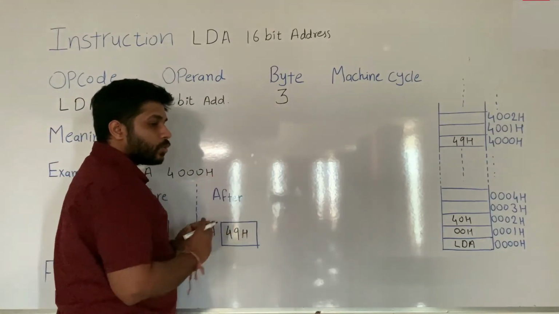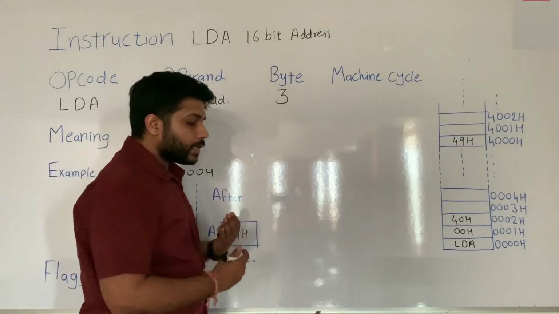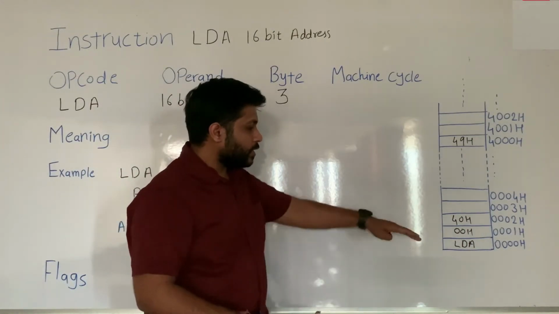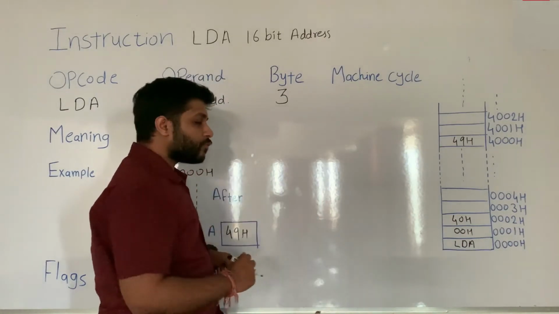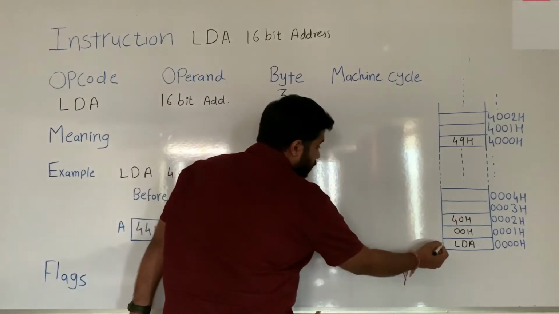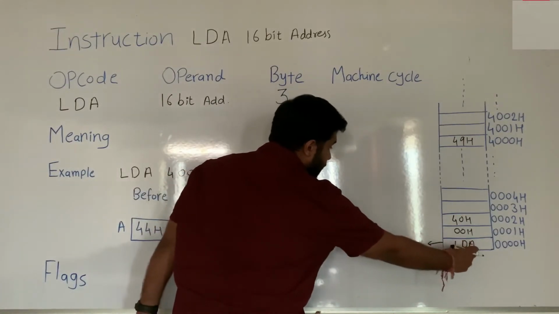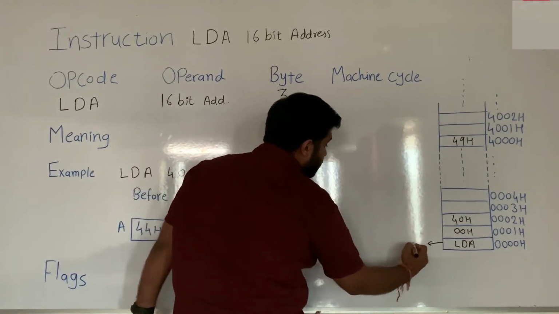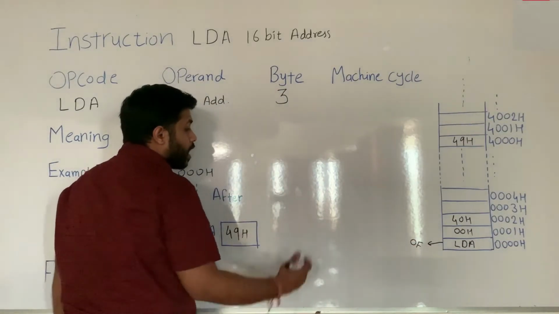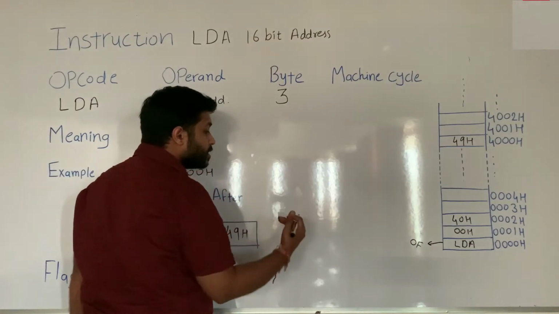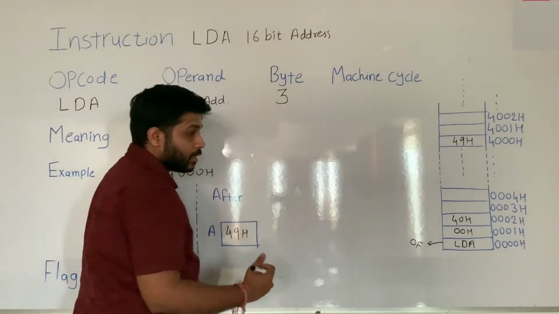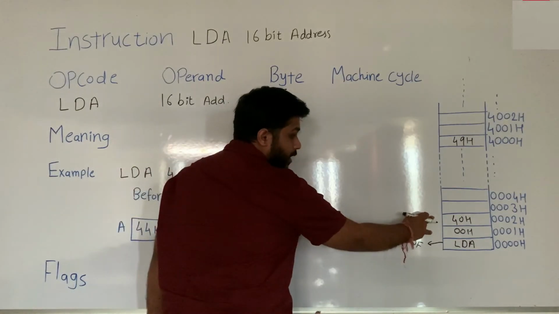After the instruction is stored, the processor will start its process, which is fetch, decode and execute. It will start fetching the instruction from the starting location. To fetch the first byte, the opcode LDA, it has to execute the opcode fetch machine cycle. After the opcode fetch machine cycle is done, only LDA is read by the microprocessor. These two values are remaining.